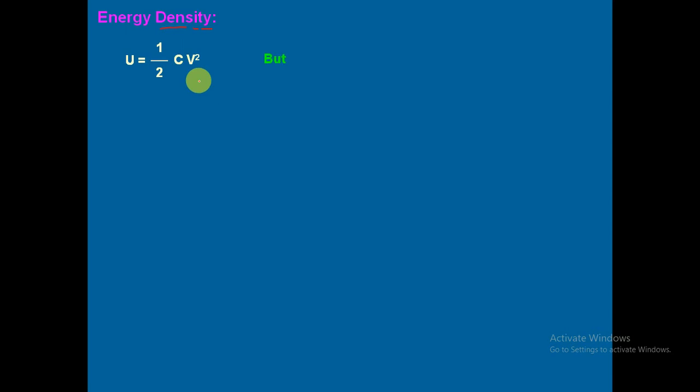But C is A epsilon naught over D for parallel plates, and V in terms of electric field is E into D. If you substitute both the values of C and V in this expression, you will get this value of the energy stored in the capacitor.